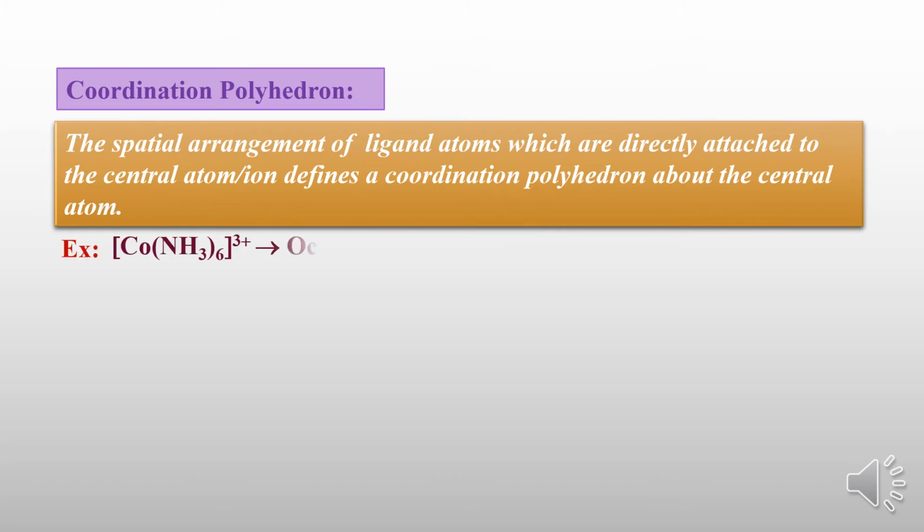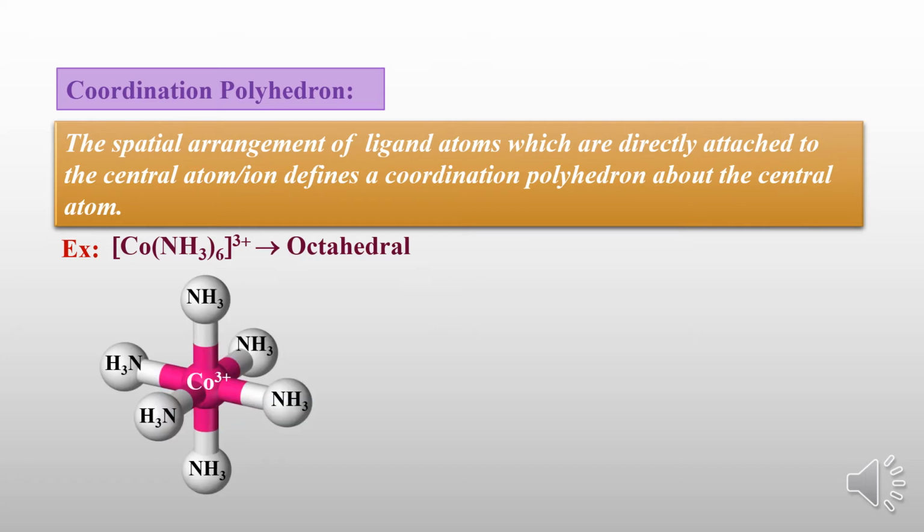Now see the example, hexaamminecobalt(III). There are six monodentate ligands bonded, so the coordination number is 6. If the coordination number is 6, then the geometry will be octahedral.